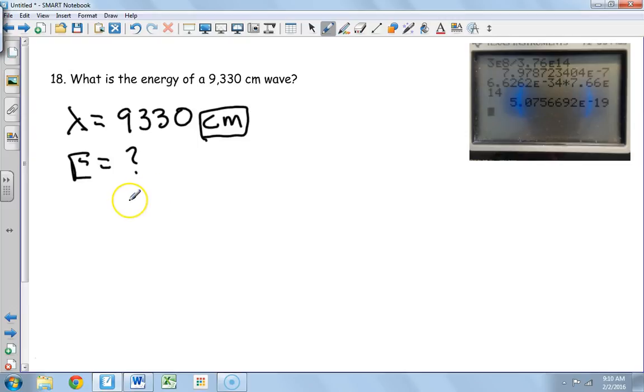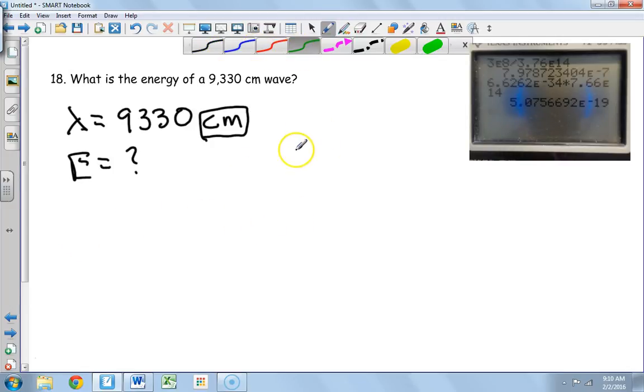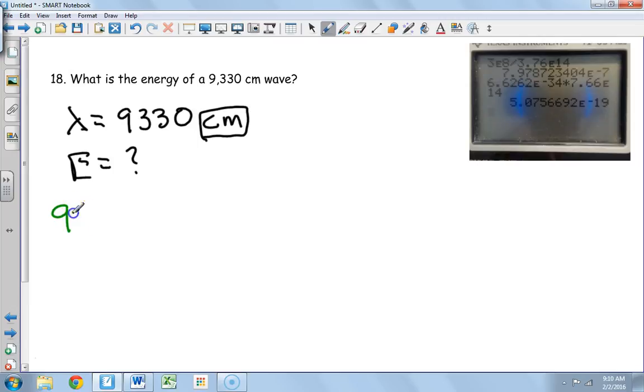So I'm going to do that. Convert, then calculate. I'll do conversions in green. So it's 9330 centimeters, X line, centimeters on the bottom, meters on the top, and it's 10 to the second centimeters equals 1 meter.